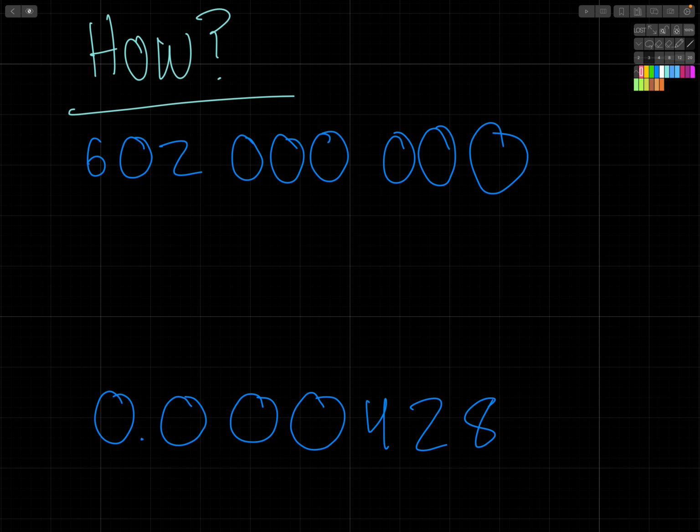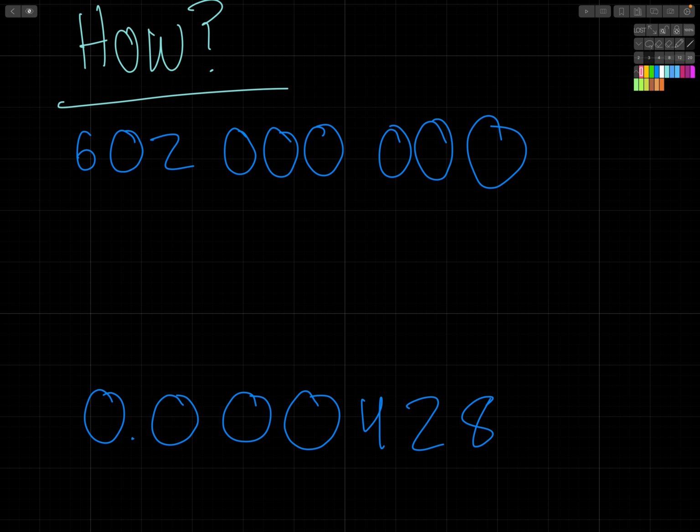So that's how you usually do it. So how do we write in scientific notation for this? So first, always imagine an imaginary decimal place for a whole number. Like you see here, there is no decimal place. So always when you see no decimal places, always assume it's on the far right, all the way to the most right of the number.